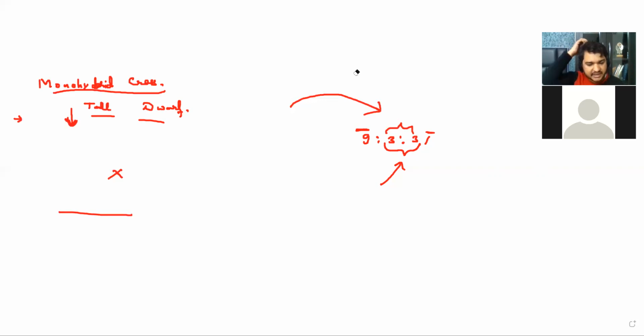It states that in the inheritance of two pairs of contrasting characters, write that. Law of independent assortment.